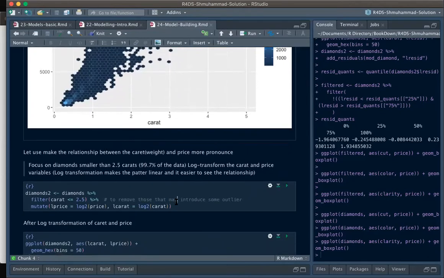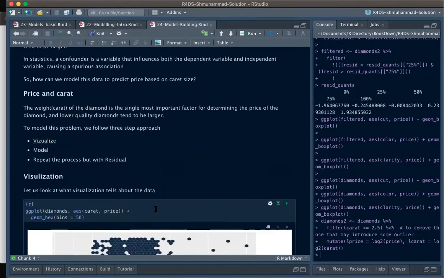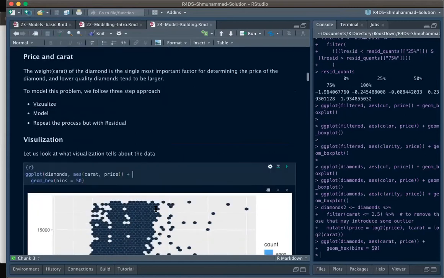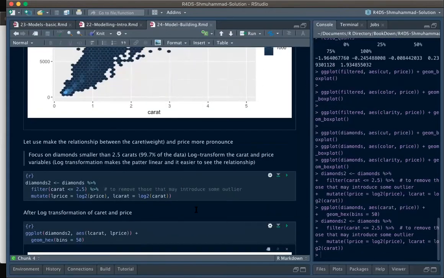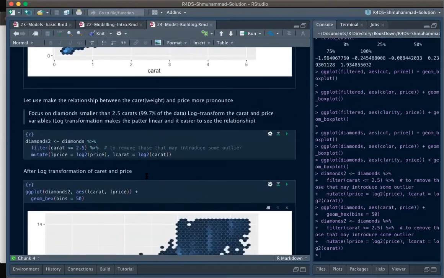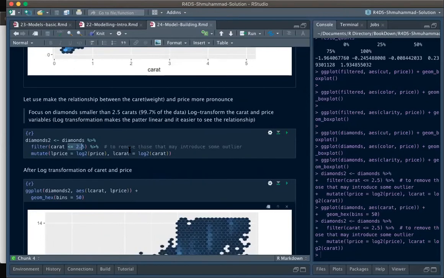So if we can see here, right, okay. Here we subset our data diamond to include only those with less than this size, as we can see, and we log transform our variables, the predictor and the response variable.